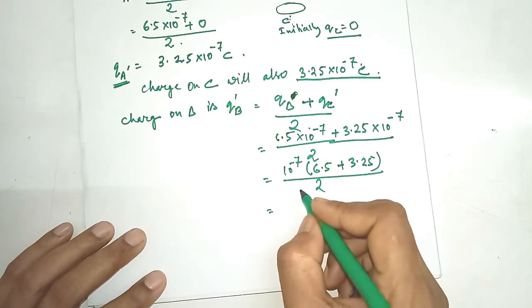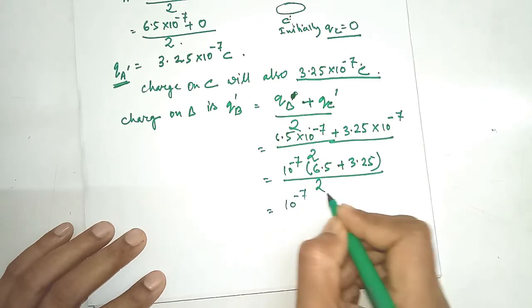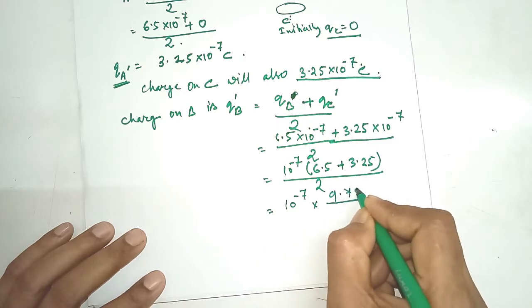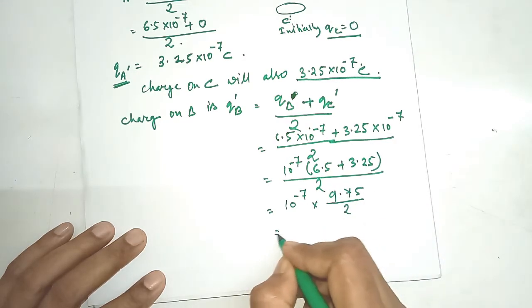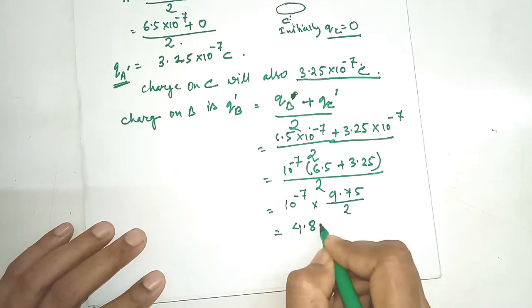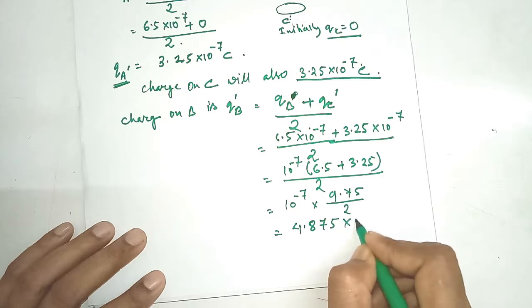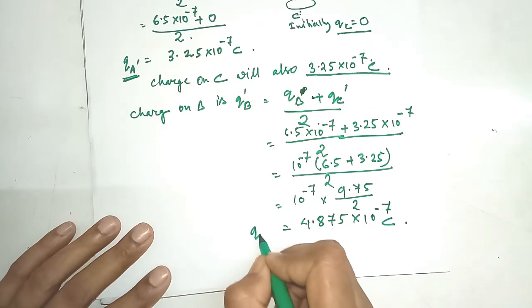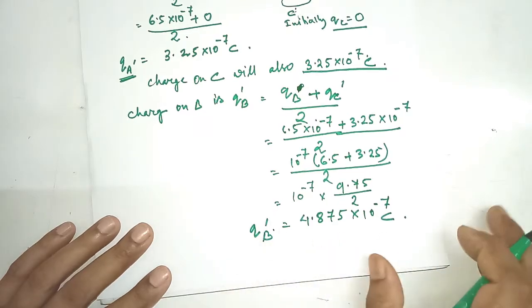So it is 10 to the power minus 7 into 9.75 by 2. So the outcome is 4.875 into 10 to the power minus 7 coulomb. So this is the value of QB dash.